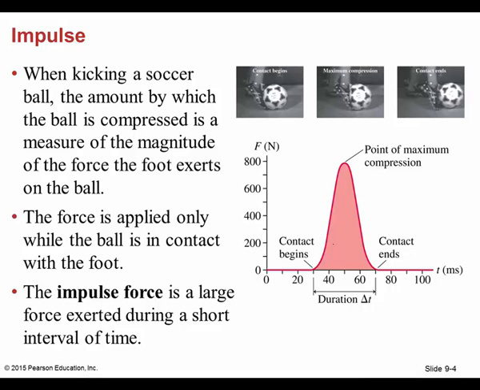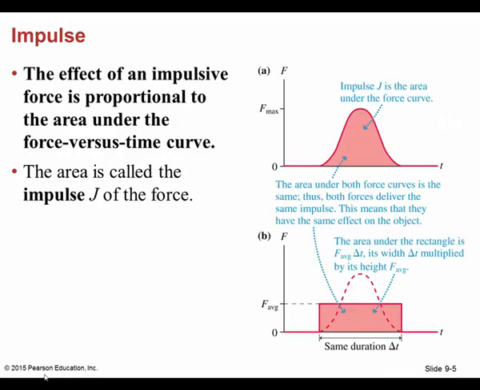So we integrate the area under the curve, and we can determine what we call impulse, okay? Now, in this case, we'd have to integrate it because it's not a nice square or a nice rectangle. This would have to be integrated.